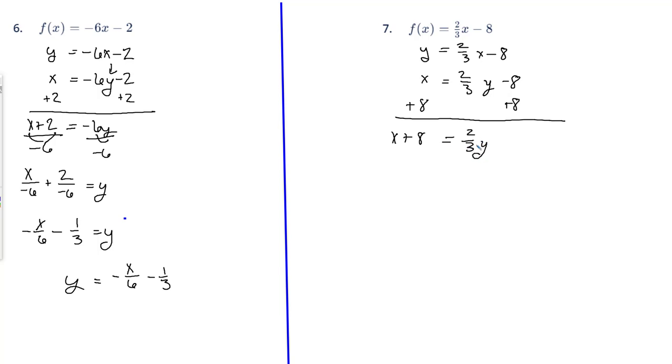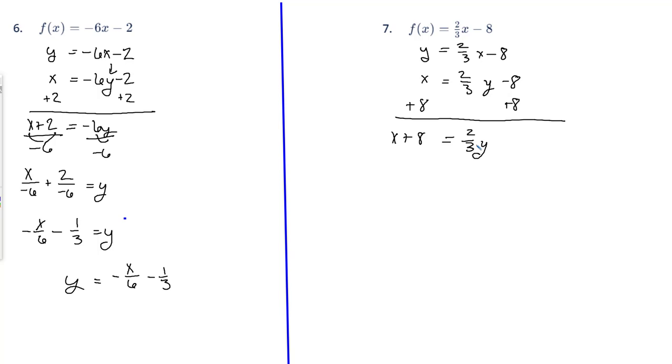Now I need to separate what away? How can I get the y by itself? What's being done to the y? Is it being added or subtracted or multiplied or divided?